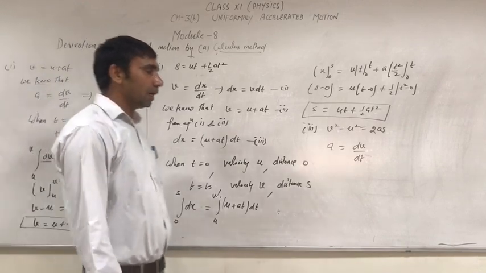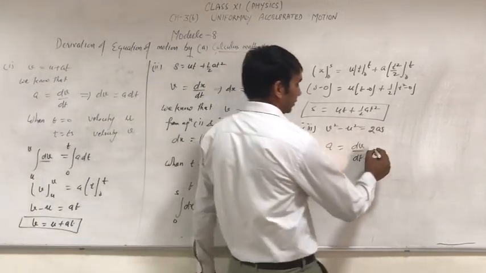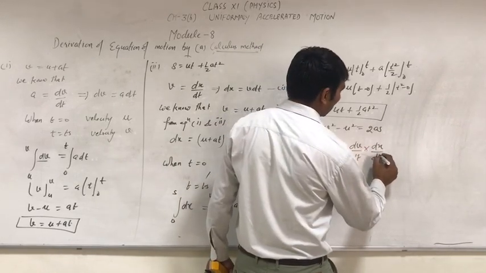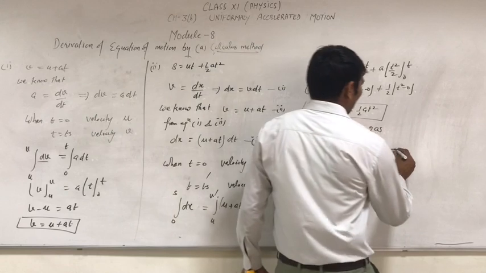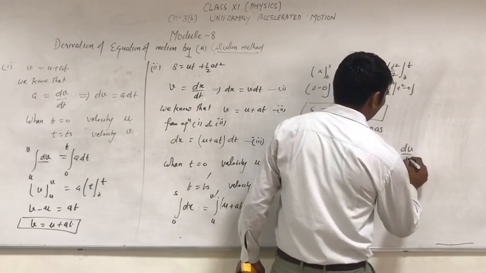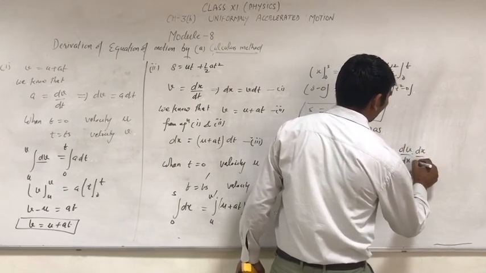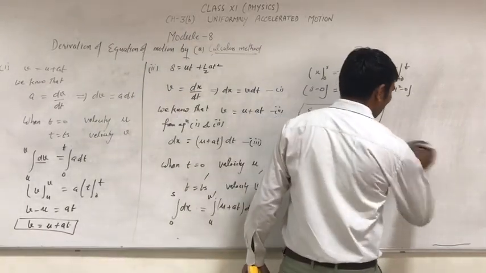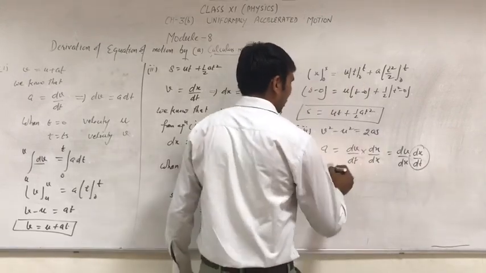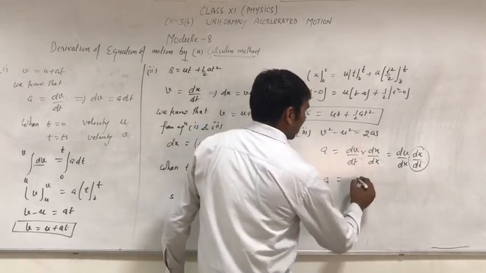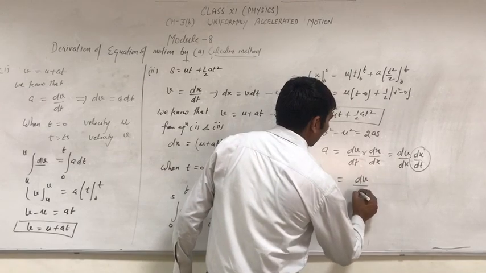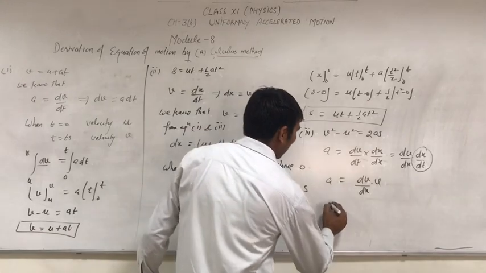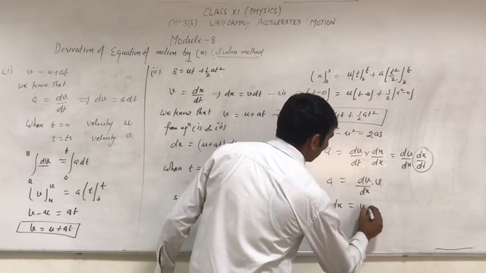Now multiplying and dividing by dx, dv upon dx into dx divided by dt. dx upon dt is v, so a is equal to dv upon dx into v. Now a dx is equal to v into dv.